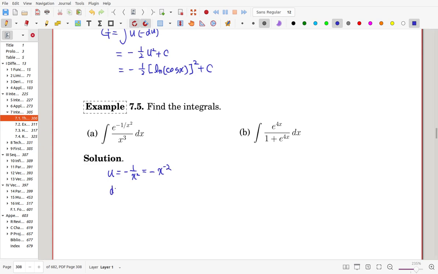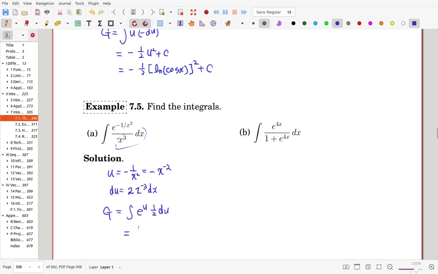Then du must be the same as 2 x to the minus 3 dx. So this portion is the same as half du. So here the given integral is changed into integral e to the u times half du.